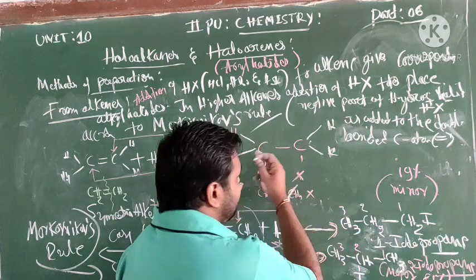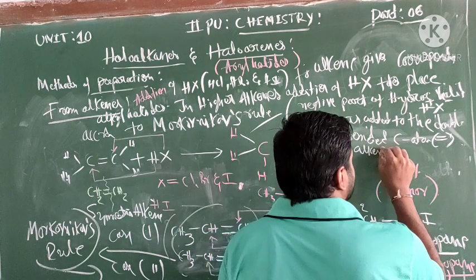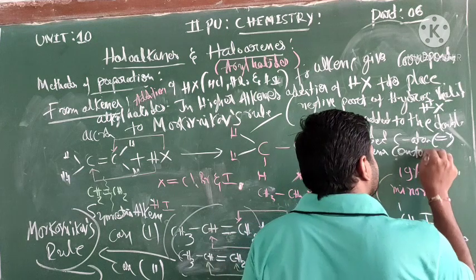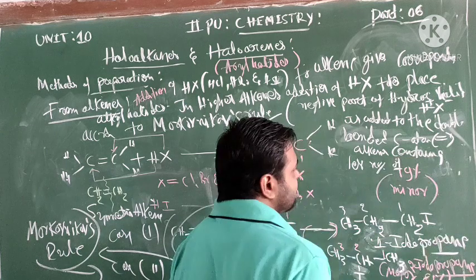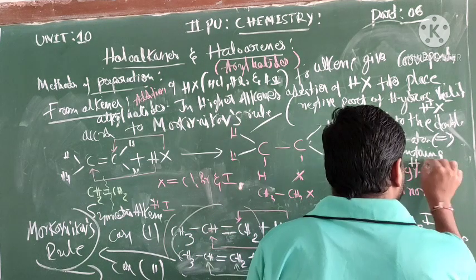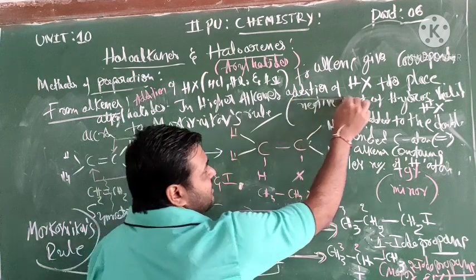Carbon double bond means alkenes, containing the less number of hydrogen atoms. Okay. Just concentrate on this one term.